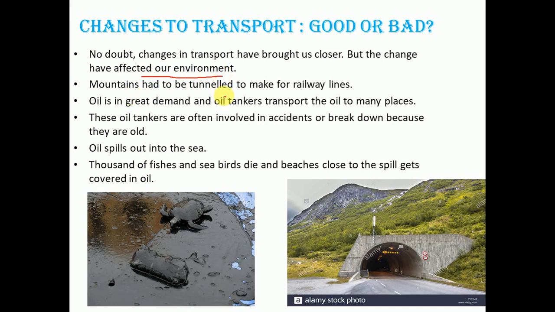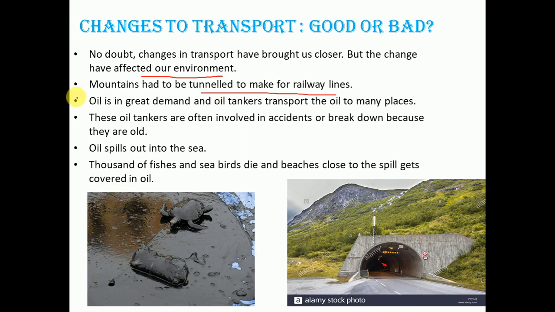Mountains had to be tunneled to make way for railway lines. Like here in the image, you can see that this mountain has been cut down to make this tunnel, so that a railway line or a road can be made. Okay, so in this way, we are damaging our environment, right?